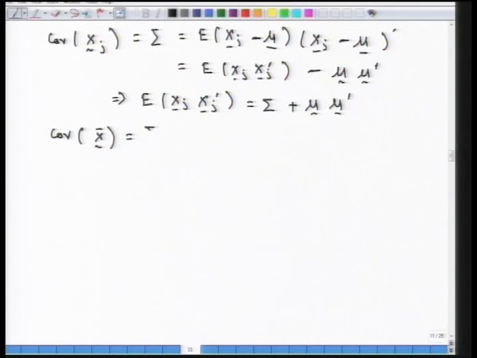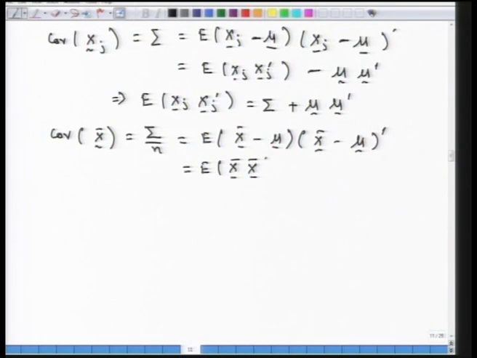Furthermore, if we recall the result that we had proved in the first part, the covariance matrix of x̄ is sigma by n, and that is equal to the expectation of (x̄ - mu)(x̄ - mu)ᵀ, right. So by the same approach, what one can show is that this is the expectation of x̄ x̄′ minus mu mu′, right.